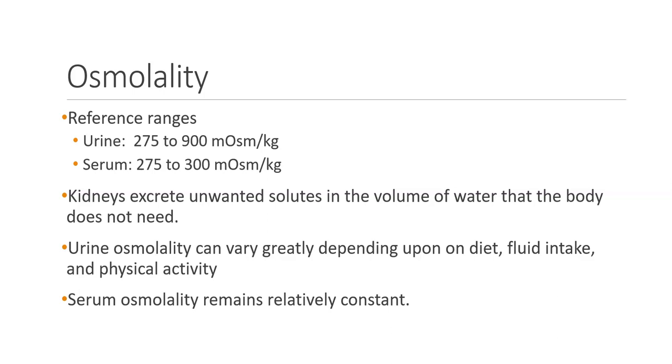300 milliosmoles per kilogram. Kidneys excrete unwanted solutes in the volume of water that the body does not need. Urine osmolality can vary greatly depending upon diet, fluid intake, and physical activity. Serum osmolality remains relatively constant, and you can see by the numbers that 275 to 300 is the normal range for serum osmolality.